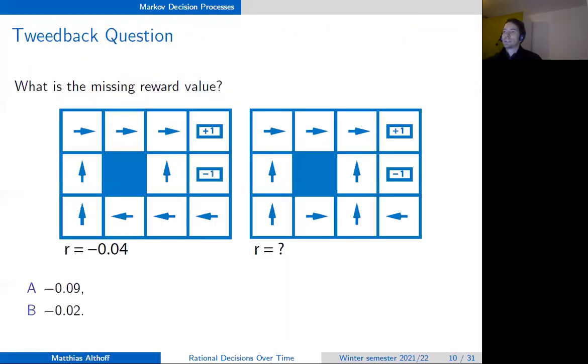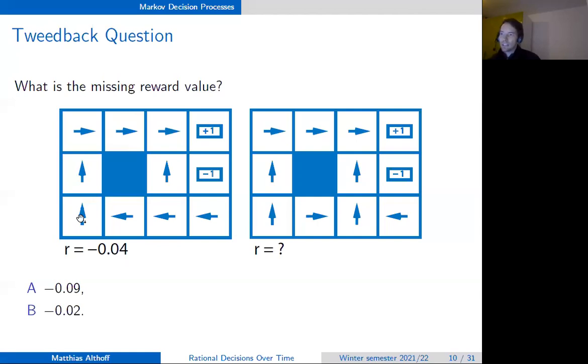Let's say we're in this state, and now we take the optimal policy, and we want to know the expected utility that we get following this optimal policy. The sum of the rewards that you get following this policy is then the utility of that state.